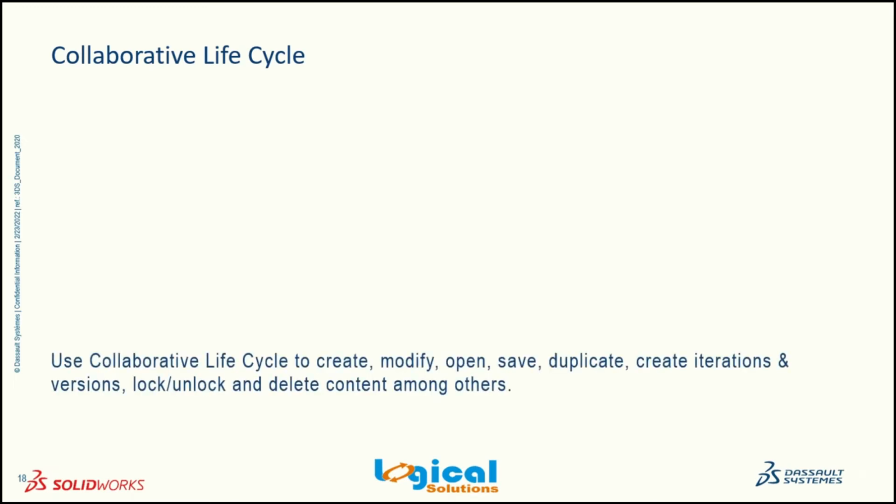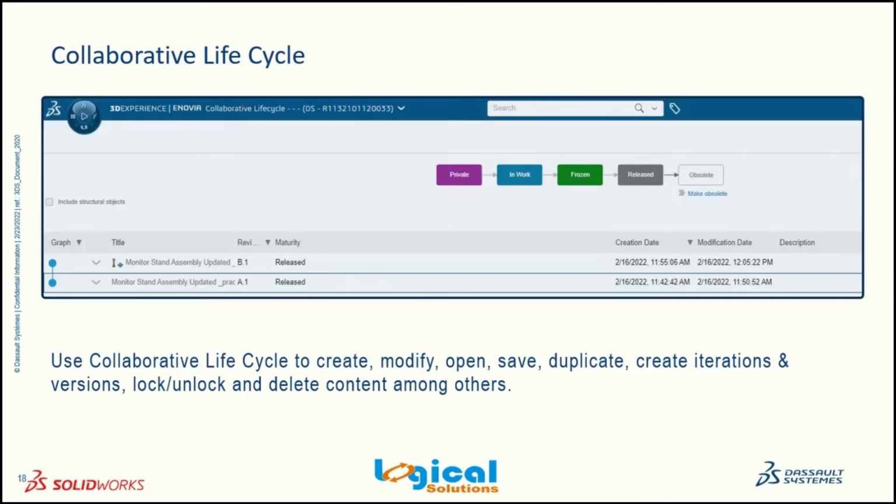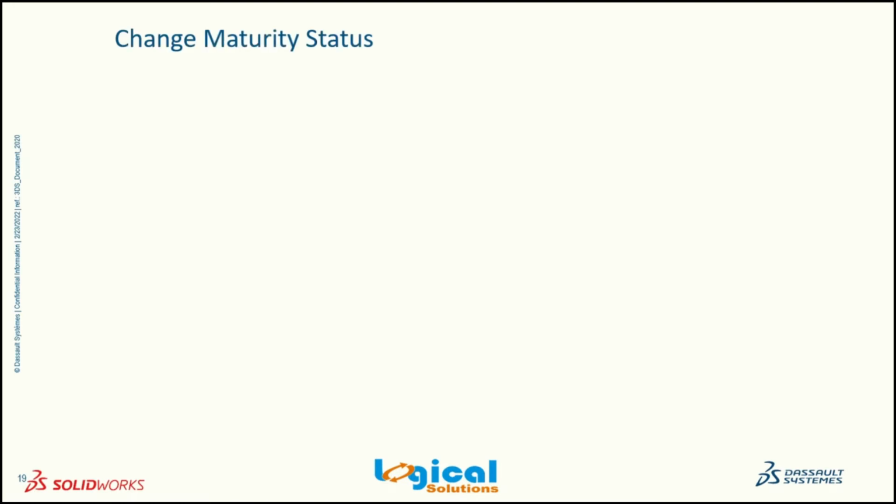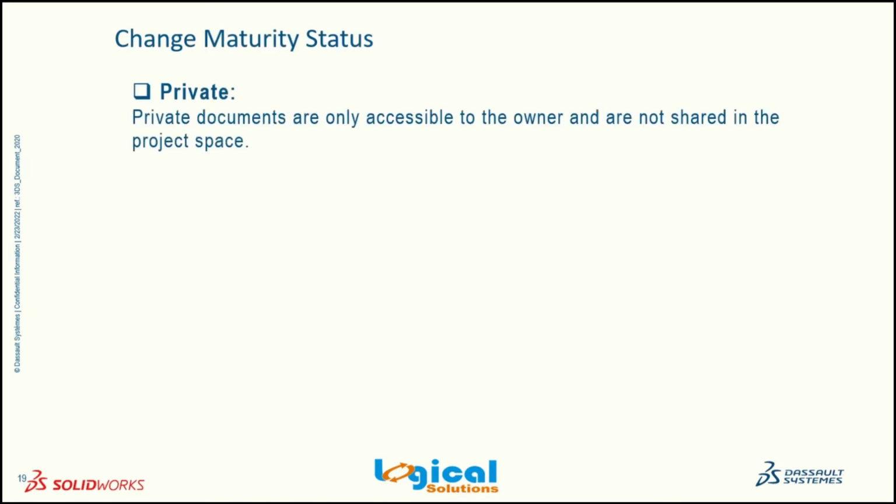So before going forward, let's learn a few more things about the collaborative life cycle. We use the life cycle to create or modify, to open, or to lock or unlock. That means to secure your models, files or documents, we use collaborative life cycles, and there are a few maturity statuses which depend upon your files or projects.